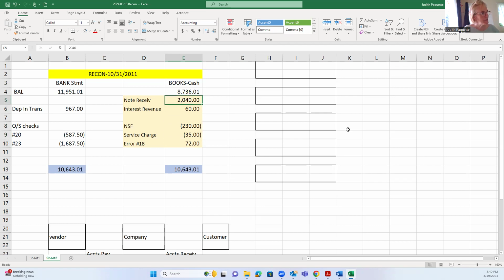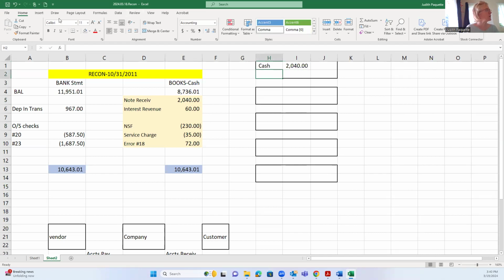So if we're increasing cash here, that's going to be a debit. And then we're going to figure out what our credit is. You guys are going to tell me. On this one, same deal. It's going to be cash, debit 60. And I'm not putting the words debit and credit on top. Maybe I should do that.